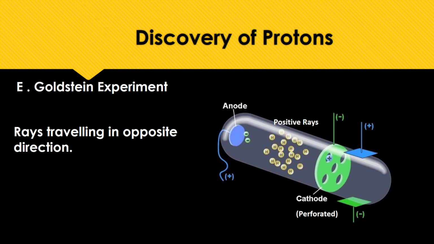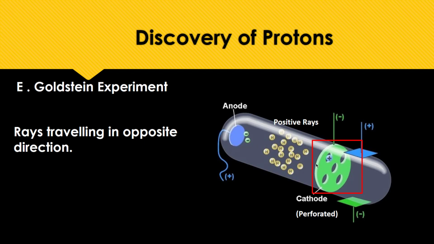Goldstein, a German scientist. He performed a series of experiments with a discharge tube fitted with a perforated cathode. Here, children, you may observe in the diagram a perforated cathode, meaning one with small holes to allow the passage of positive rays.